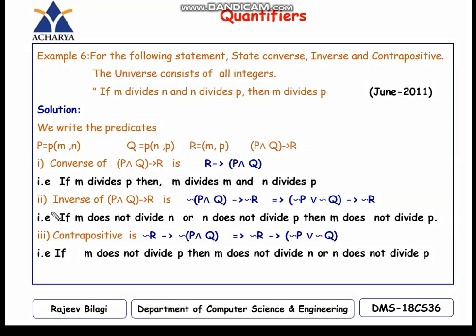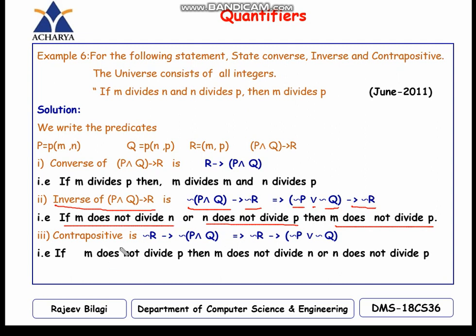Now the inverse of this is negation of P and Q, then negation of R. Applying De Morgan's theorem here, negation of P or negation of Q, then negation of R. If I write this statement: if m does not divide n or n does not divide p, then m does not divide p. So this is the second statement.